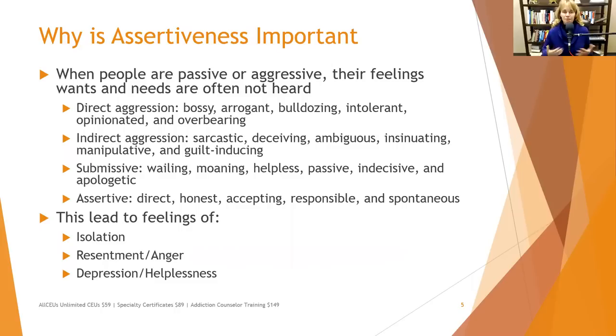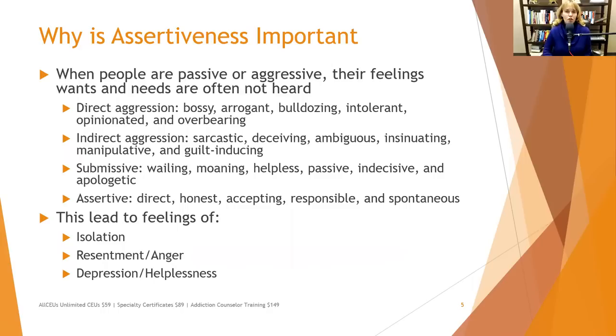Some of the suggestions I've gotten have been bossy, arrogant, bulldozing, intolerant, opinionated, and overbearing. Some people are extremely opinionated. However, you can be opinionated and also accept other people's opinions. So it's finding that line where you're validating the other person as having valid opinions.